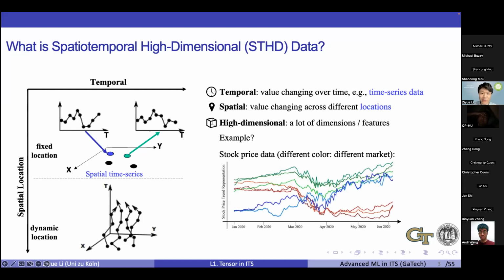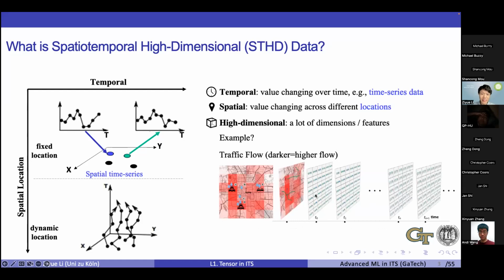So it's typical spatial temporal data. Back to the transportation area, in this map we can see that at different locations the traffic volume differs, some higher and more red, some lower and more blank. And the heat map is also changing dynamically over time.